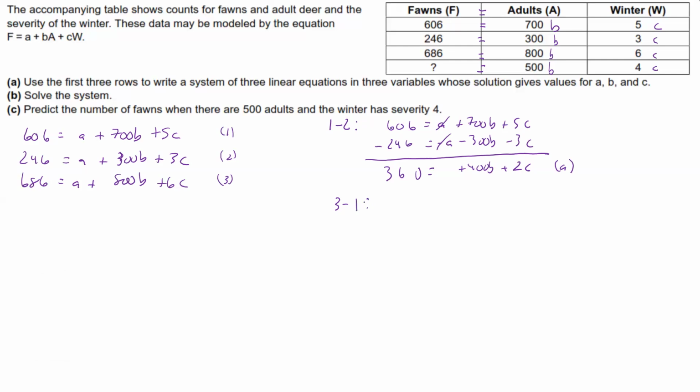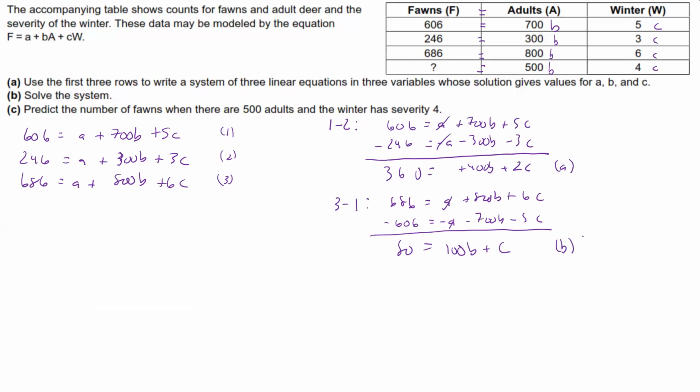So 3 minus 1: we have 686 equals A plus 800B plus 6C, and then I'm going to subtract 606 equals A plus 700B plus 5C. So on this side I have 80, and here the A's cancel. 800 minus 700 is 100B plus 1C, and I'm going to call this one B.